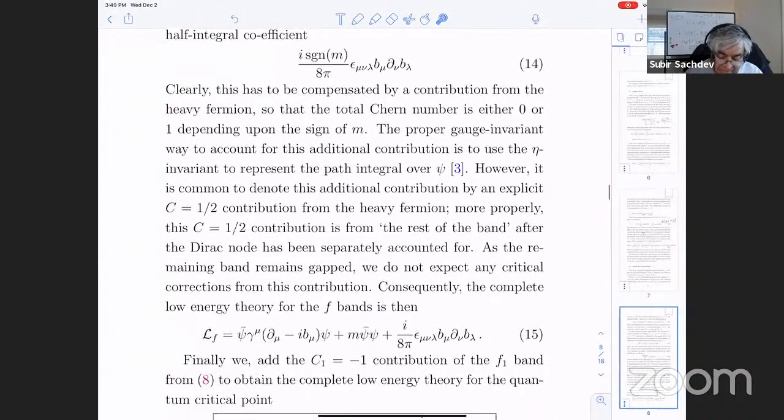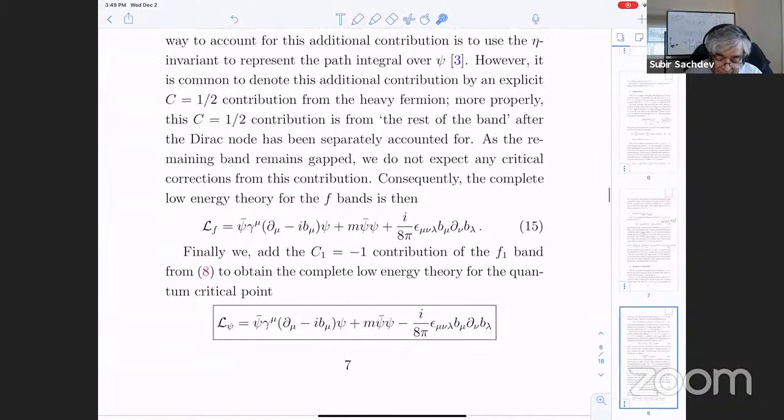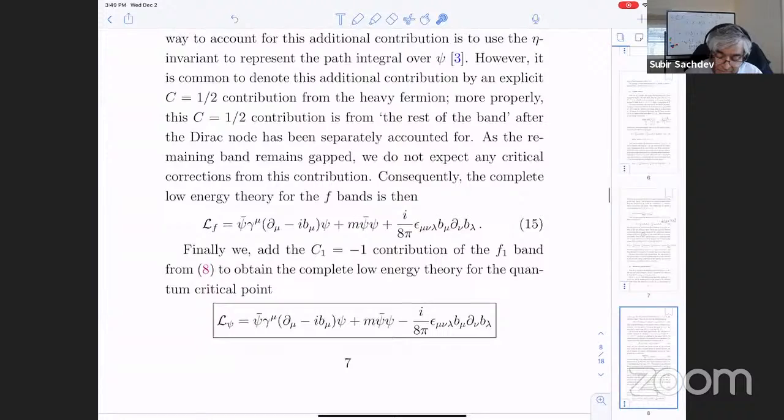All right, so now the low energy theory of the F band is right here with this half Chern-Simons term, and as m goes through 0, then you have this phase transition between a superfluid and an insulator. And then now all I have to do is the contribution of the -1 band of the F1 band, and that's no problem.